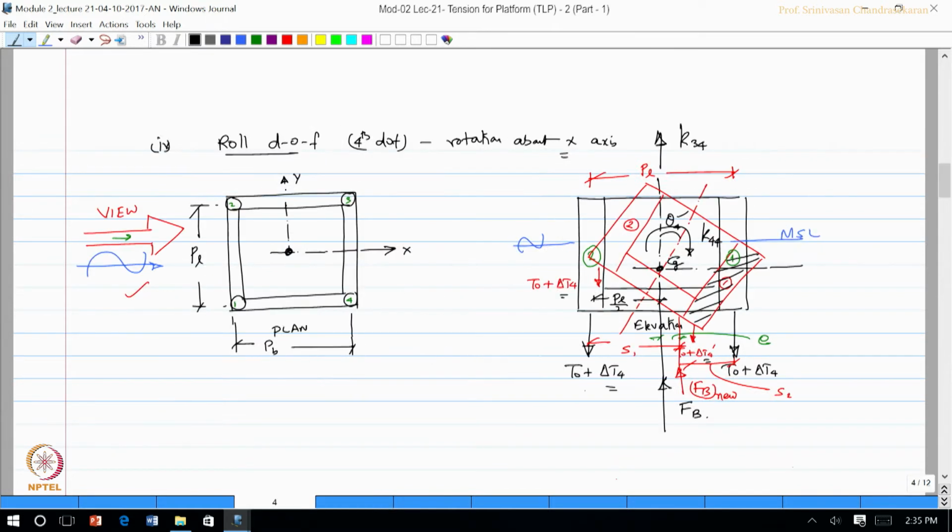Now, look at this figure. The shift between the new and the old CG, I call this E 4. From this figure I can easily say, if this is my H bar and this gives me theta 4, then this distance is actually E4.